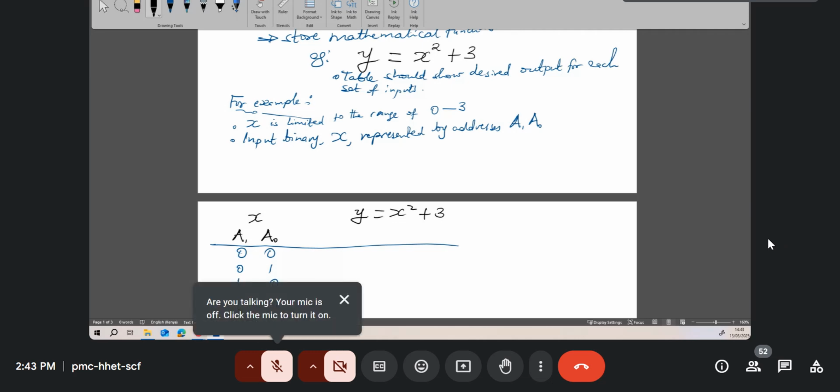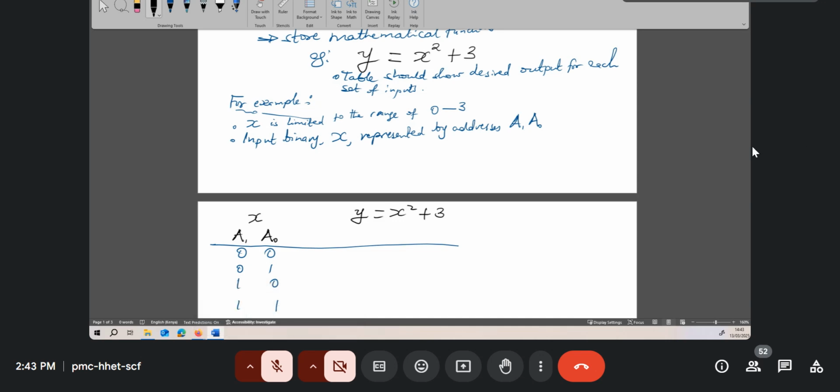Yes, so somebody is saying 3 to 12. Of course, yeah, so 0 squared plus 3 is 3. So that's the minimum value of y. And for this range of x, the maximum will be 3 squared, that is 9, 9 plus 3, so that is 12.